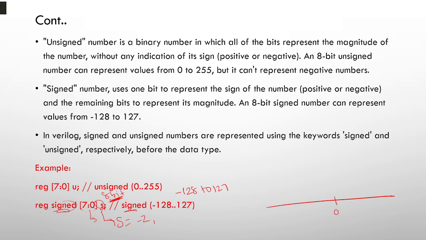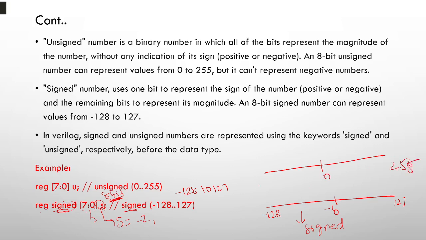If this is the number scale you consider, and it is 8-bit, it will be storing from minus 128, minus 1, 0, to 127, all the values, when it is signed. But when the same s is unsigned, it can only store the positive values from 0 to 256, nothing but 0 to 255.